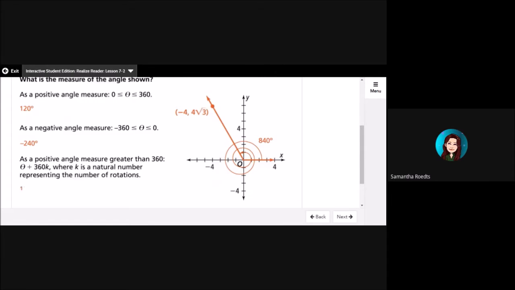So this angle is 120 degrees plus 360 times k. In standard position, the measure of the angle could be 120 degrees, negative 240 degrees, or 120 plus 360 times k degrees, where k is the natural number. Since these angles all share the same initial and terminal side, they are coterminal angles.